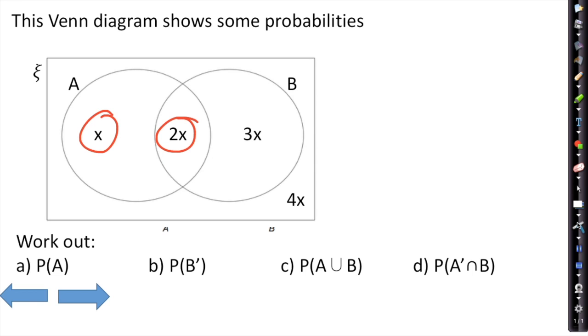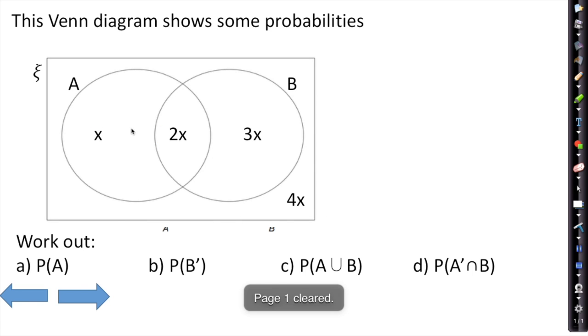So P(A) would be x plus 2x, which would give us 3x, out of a total of x plus 2x, which is 3x, plus 3x, which is 6x, plus 4x, which is 10x. 3x over 10x simplifies. If you divide both top and bottom by x, it's going to give us 3 over 10.